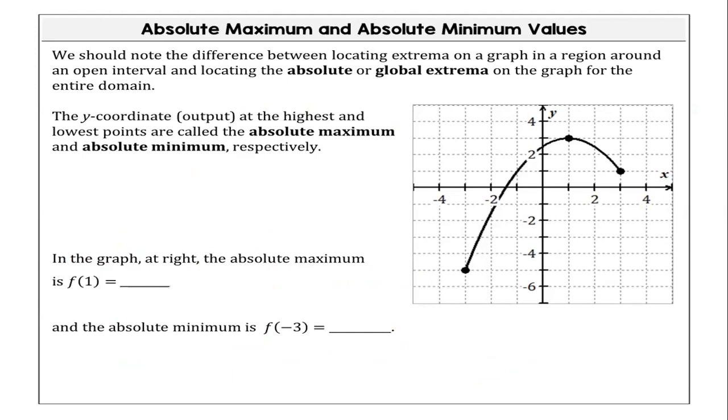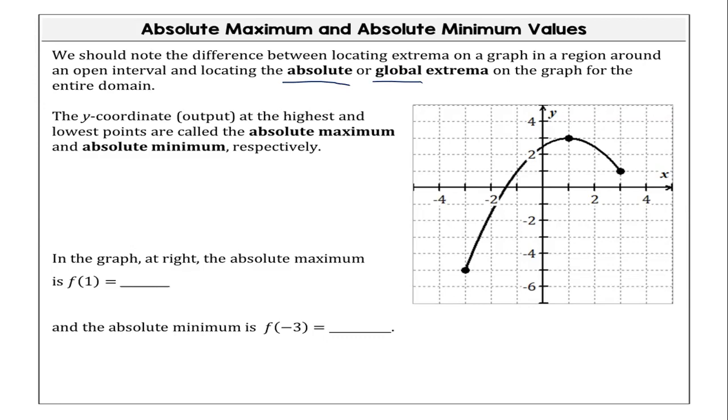Notice how I said the word absolute. Depending on the textbook, you may see it as absolute or global extrema. And remember, extrema is just referring to your maximums and your minimums of a graph. So when you're looking for your absolute, you're saying this is the highest or the lowest point that my graph will go. Does that make sense?